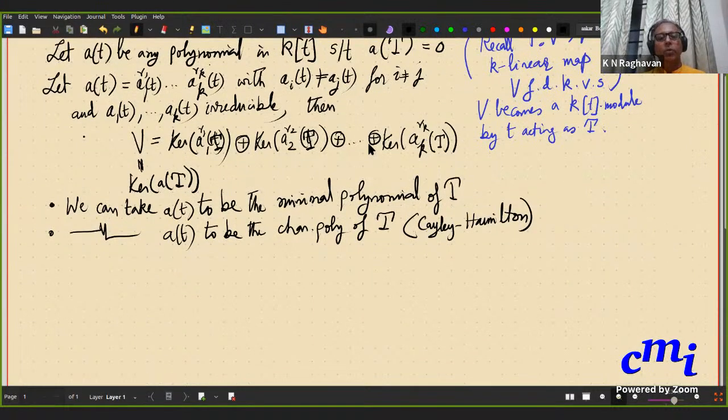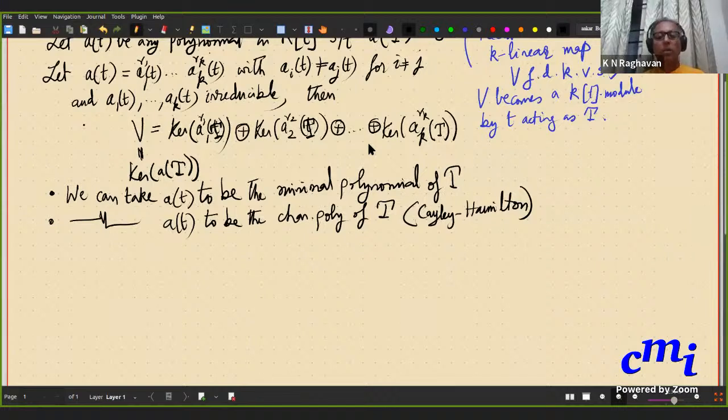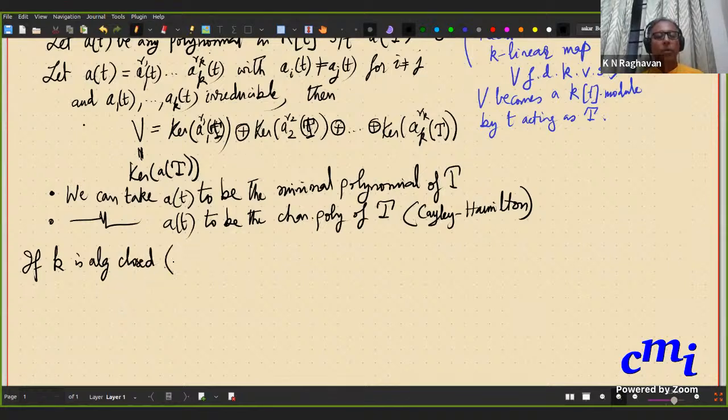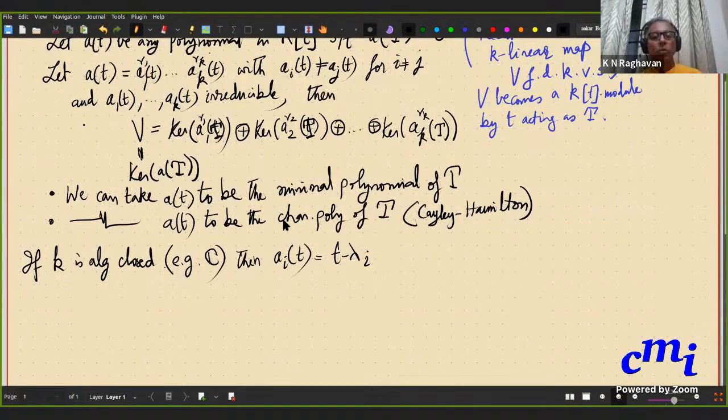Okay, and let me remind you, if K is algebraically closed, for example if it is C, then the irreducibles Ai(t) are equal to t minus lambda i. Each one of them, the only irreducibles over an algebraically closed field are linear polynomials.